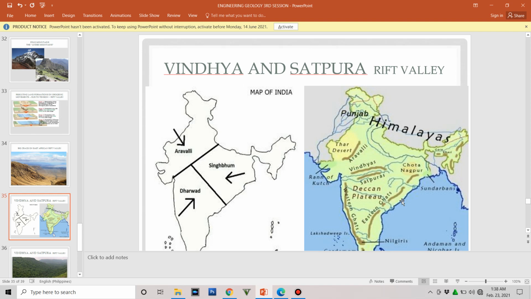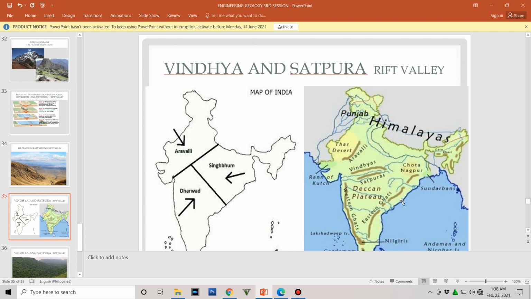They are fold mountains, and they are created by forcing of plates on either sides. Okay? Pag nag-collide, of course, magiging ano yan, bundok. And the gap between the VINDHYA and SATPURA is the Rift Valley.